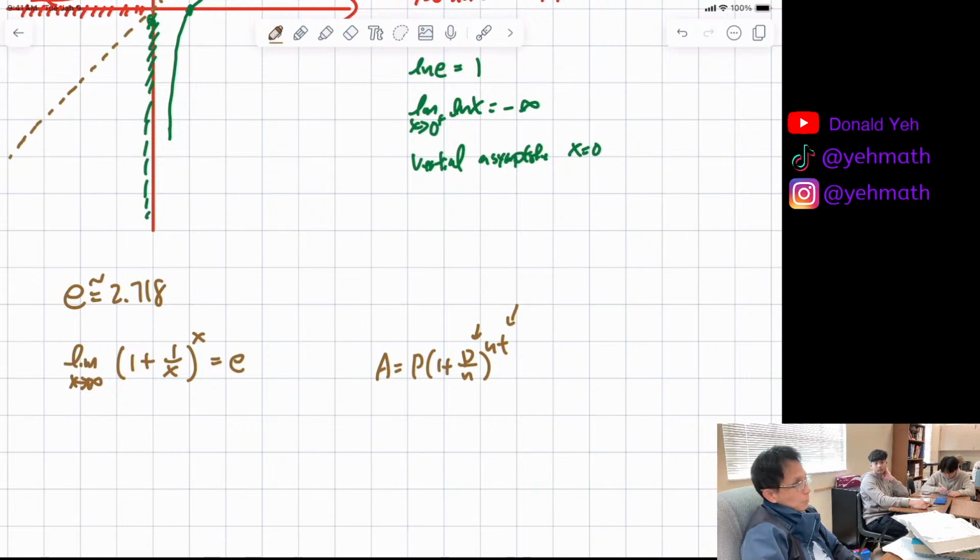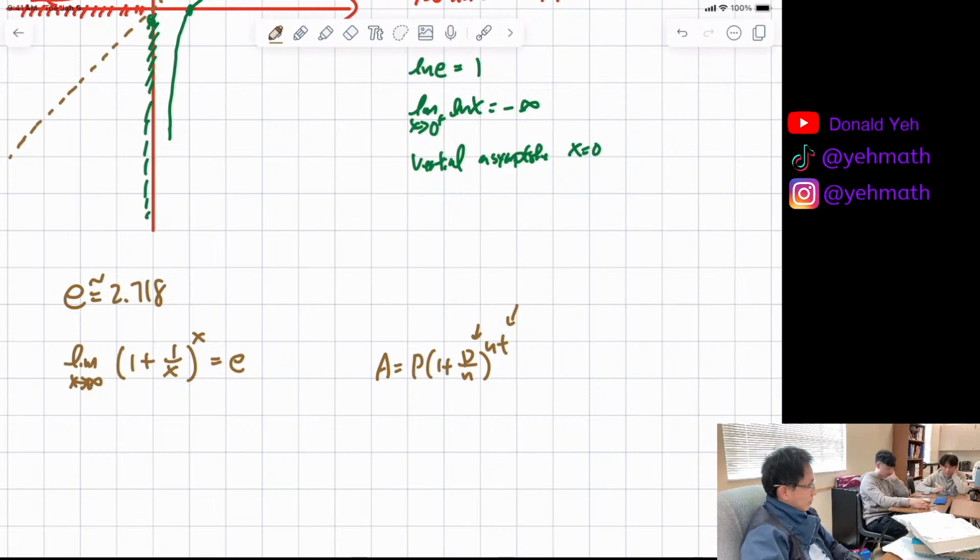Now imagine Mr. Ye opens up a bank. This bank is going to give you 100% interest. But in this bank, you can only deposit $1, and only for 1 year.